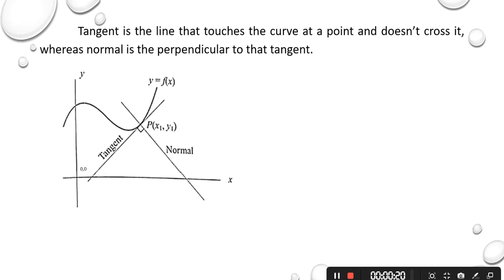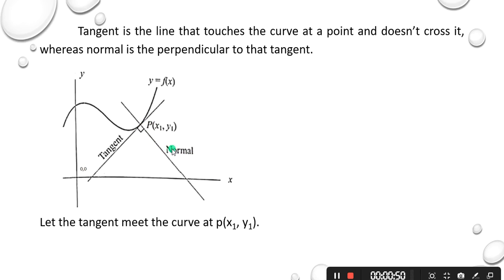If we look at the figure, we see that there's a straight line and a curve that touch at a certain point P, (x sub 1, y sub 1). Also, the line that crosses is the normal line at the same point P, (x sub 1, y sub 1).